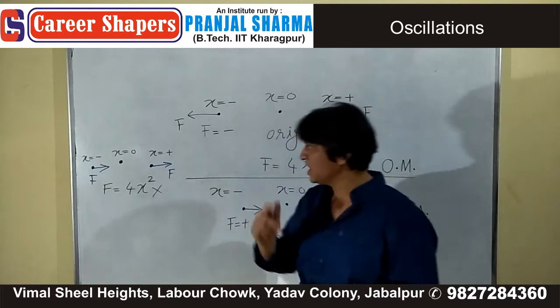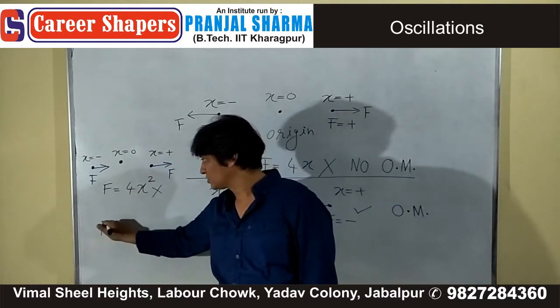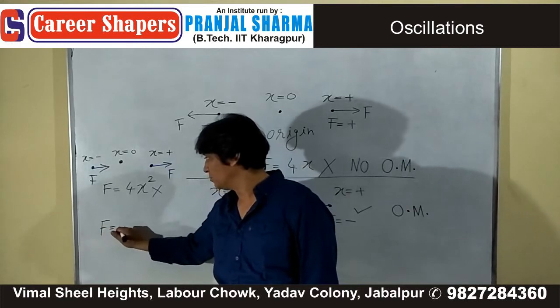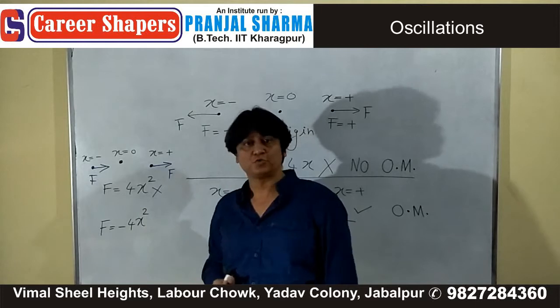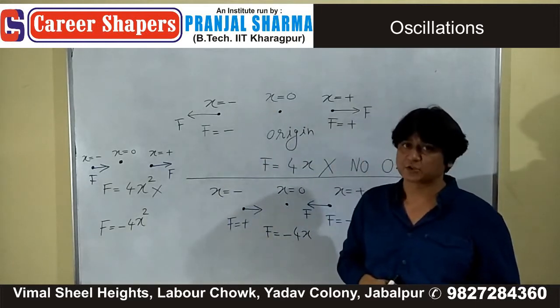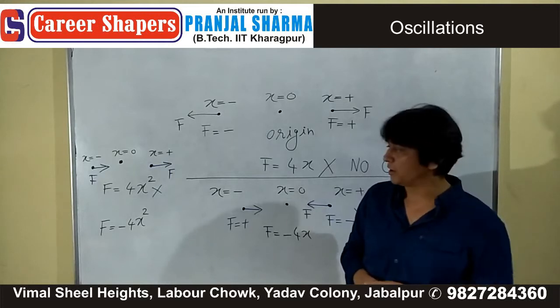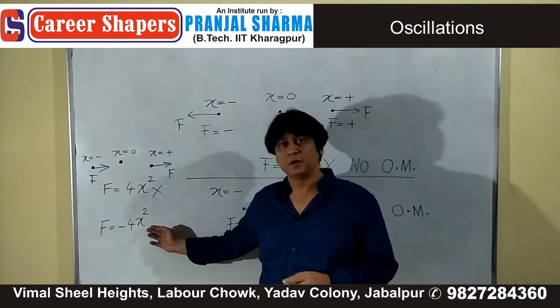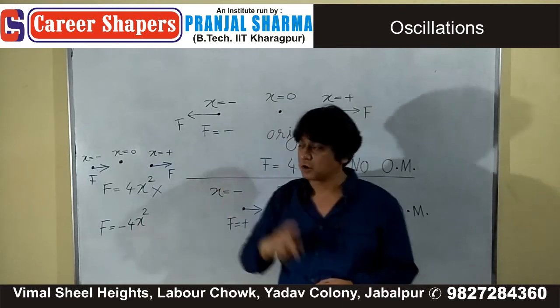Now, if I ask you for the same setup, that force is minus of 4x square. Force is what? Minus of 4x square. Then pause the video, think about it, whether it will execute oscillatory motion or not.